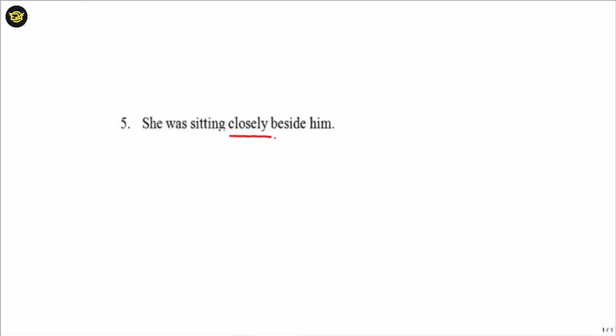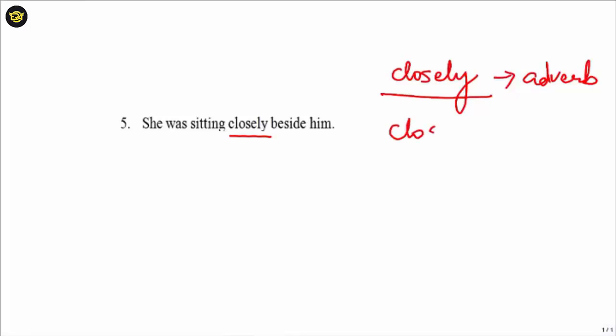Closely, right? So, have you heard of the word closely? Yes, we have. So, closely is an adverb, and so is close. But they're used slightly differently, okay?